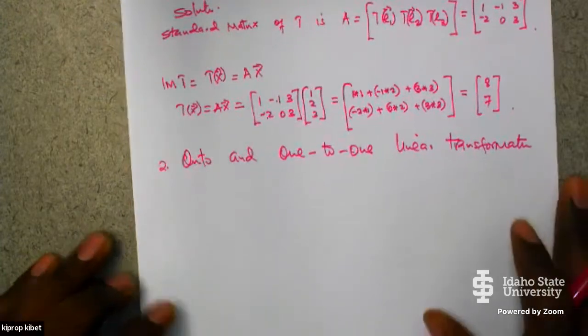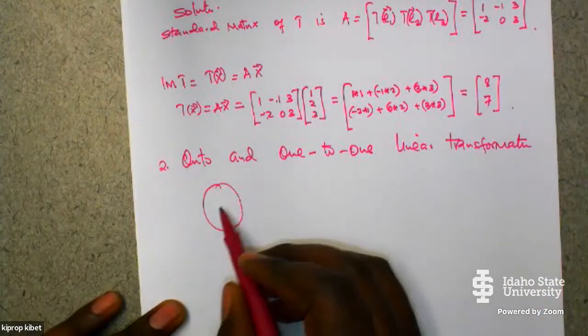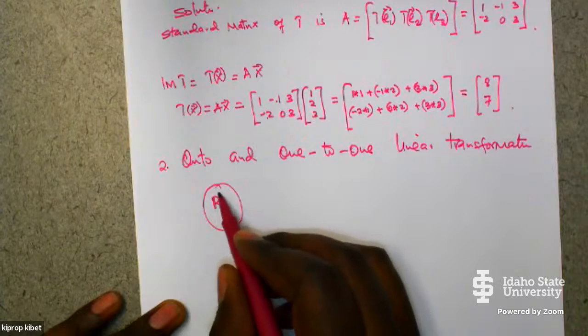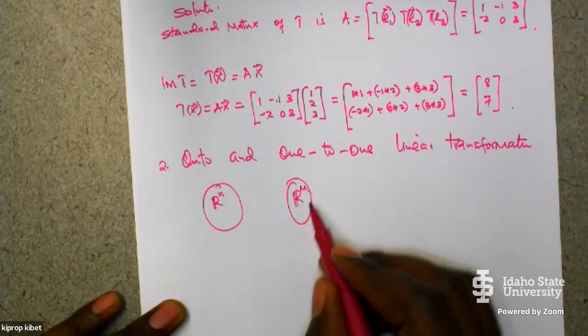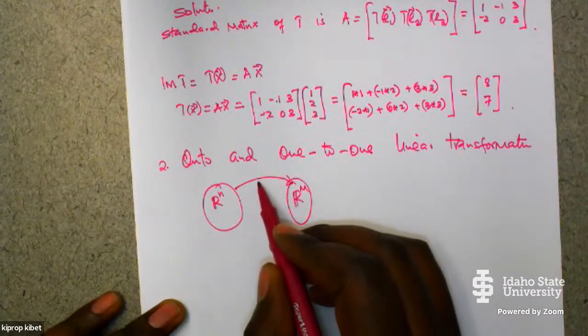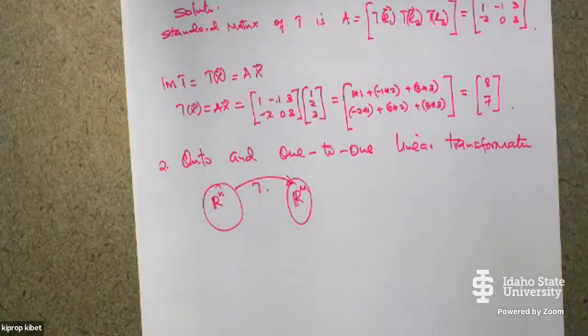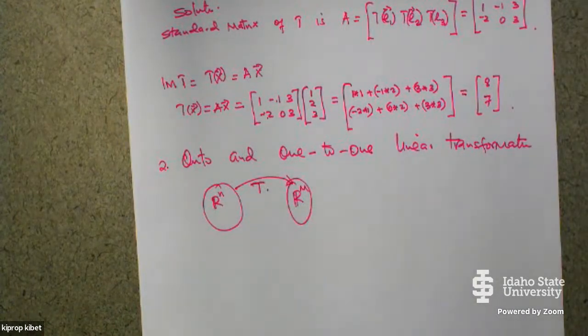So if we have, let's say, this is Rn, and this one is Rm, and we are transforming from Rn to Rm. This is the transformation there. Now, when we say onto, what do we mean?